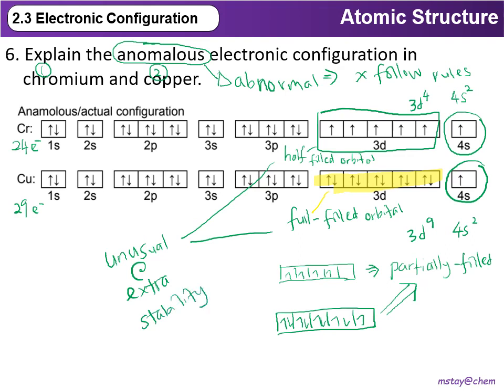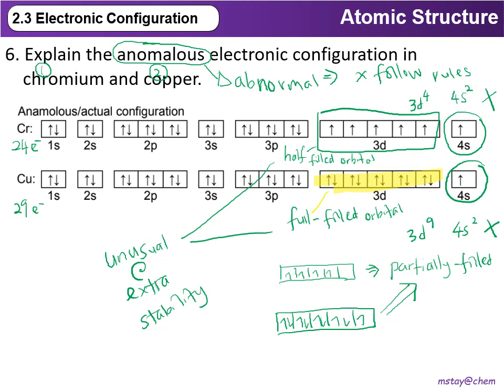So this is the reason chromium and copper don't prefer 4s2, 3d4. And copper won't exist in 4s2, 3d9 because this condition is less stable. So they will try to make it become a half filled orbital and a full filled orbital.